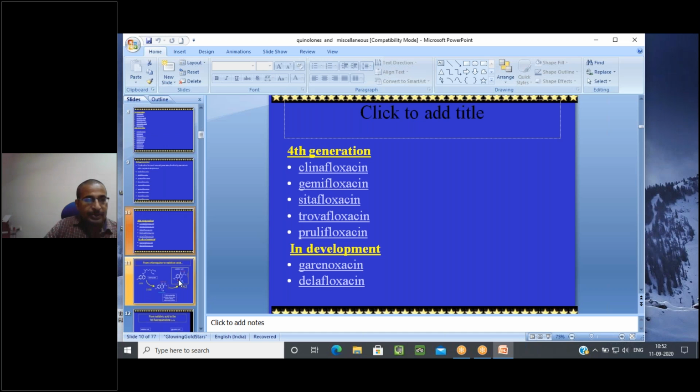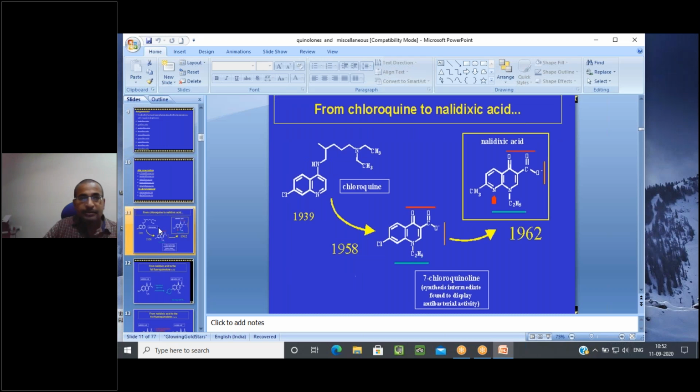Okay, so that is the drug classification by generations. Now let's go for other information regarding the drugs. In the 1930s, through various studies on chloroquine and structure modification, they found that one new product, nalidixic acid, has some action in urinary tract infections.